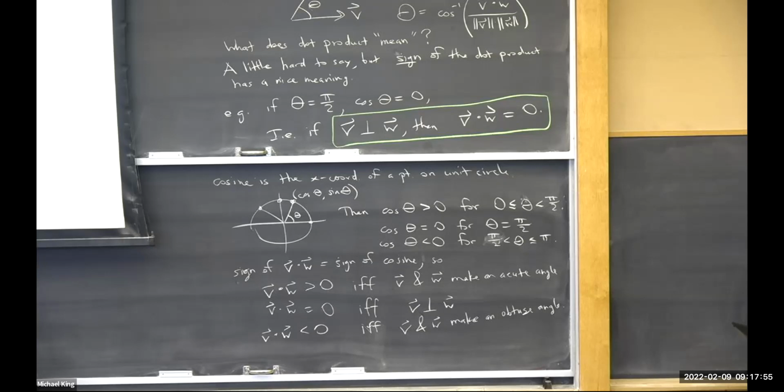And then it's also worth noting just what I said here: basically if the angle between the two vectors is 0, if it's v dot v, you get the magnitude squared.